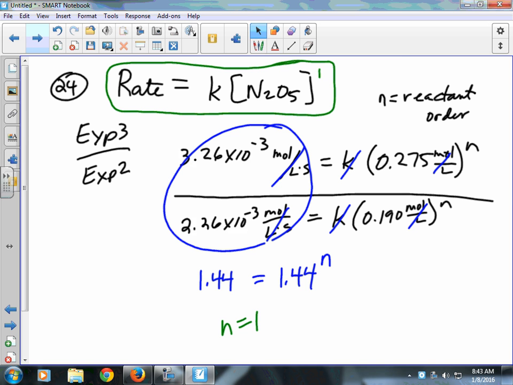Okay, now we need the rate constant, right? How are we going to get the rate constant? Okay. All right. So could we just take experiment 3? We already have it written down, and we know that n is 1.